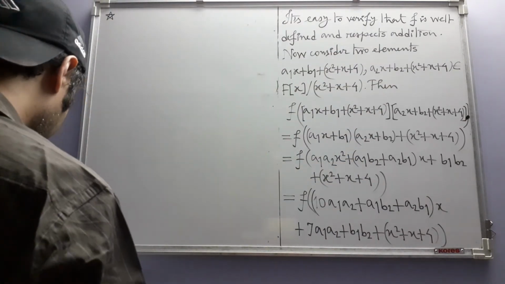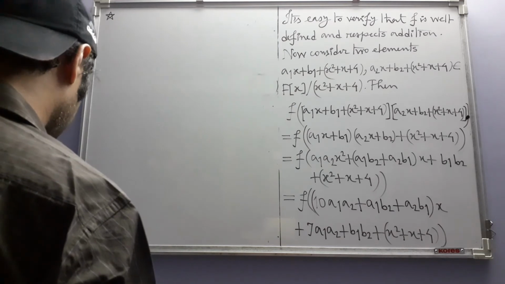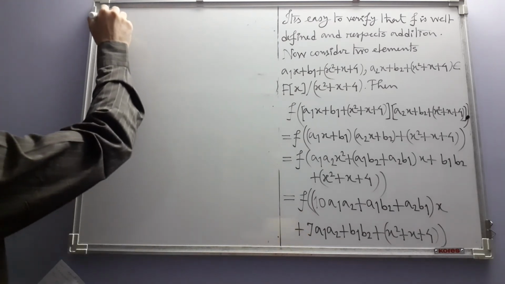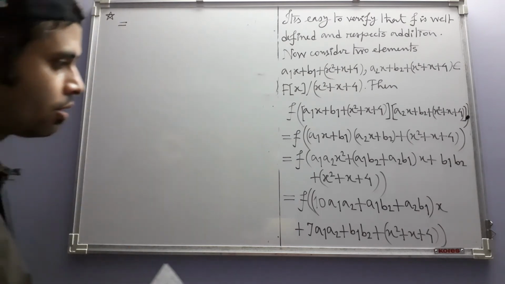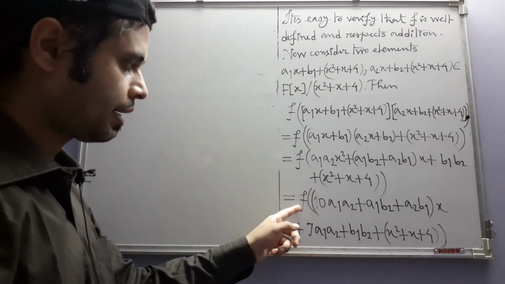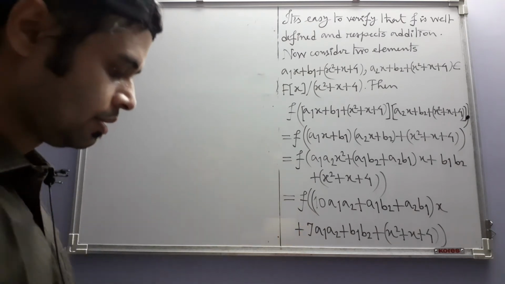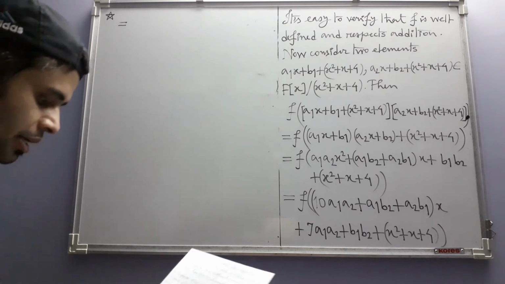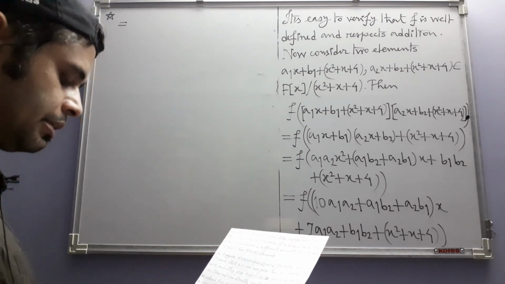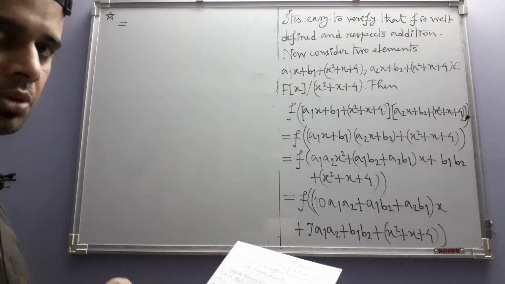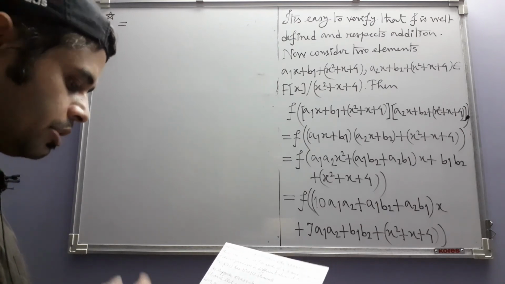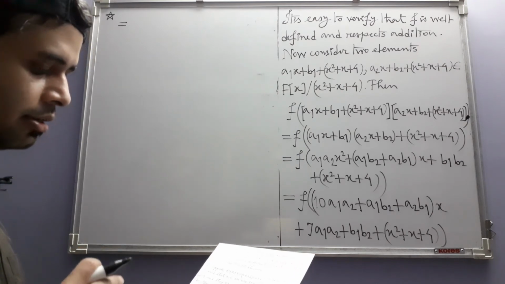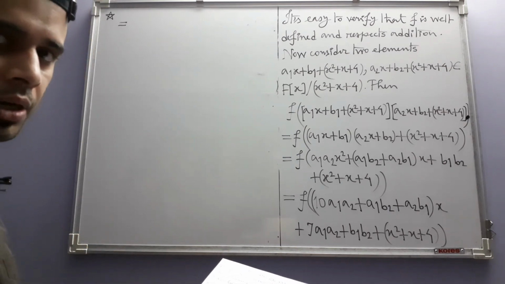Okay, now what benefit shall we get from this expression? Now on this we are going to apply our function f. So our function does what? Our function takes the coset given by the polynomial ax plus b to the coset of the ideal x square plus 1, where the polynomial is ax plus 5a plus b.